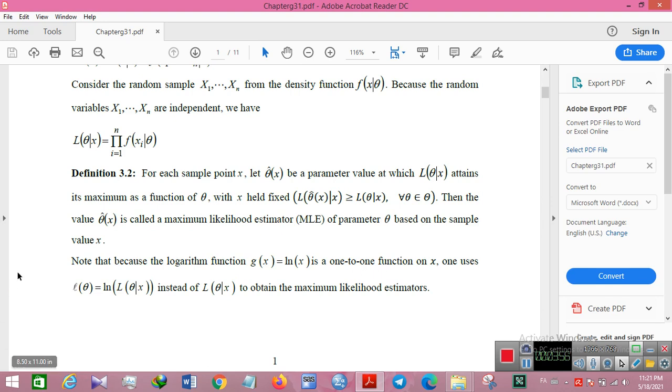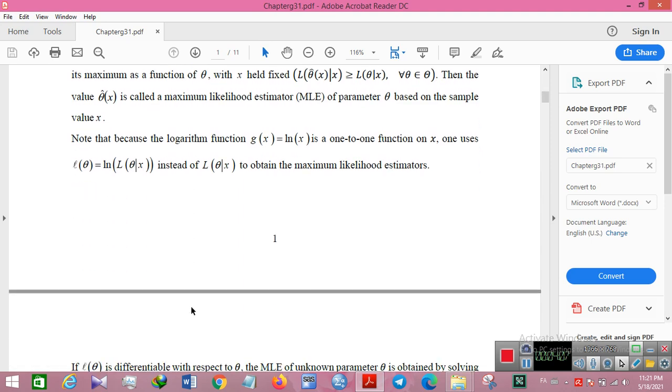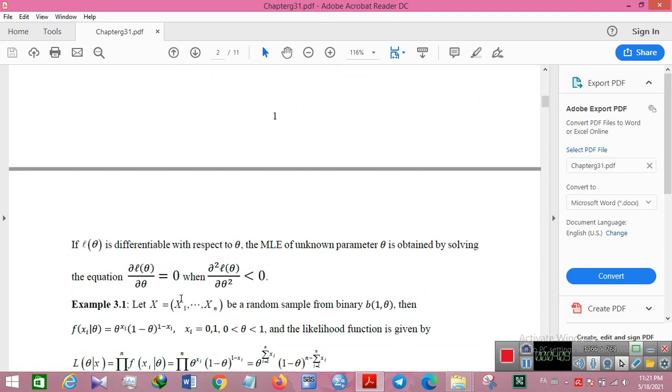So we maximize ln L(theta) instead of the capital L(theta). If ln L(theta) is differentiable with respect to theta, the MLE of the unknown parameter theta is obtained by solving this equation.